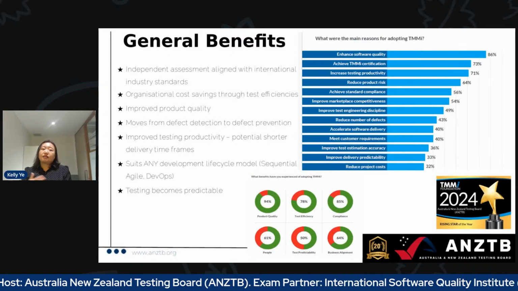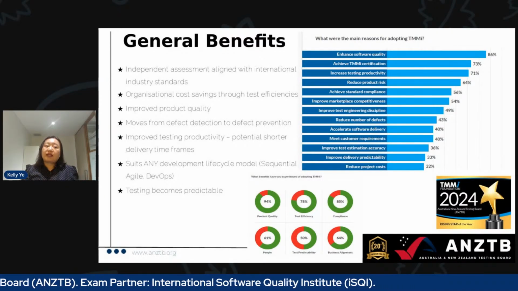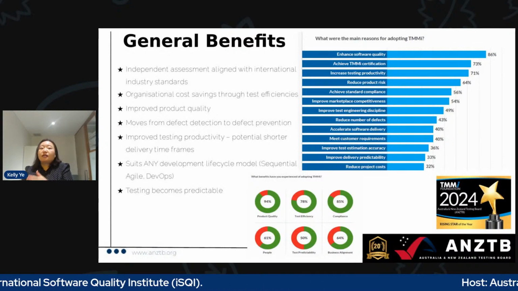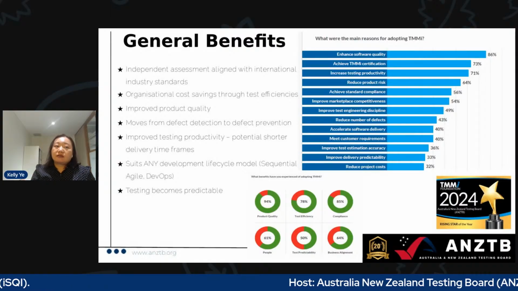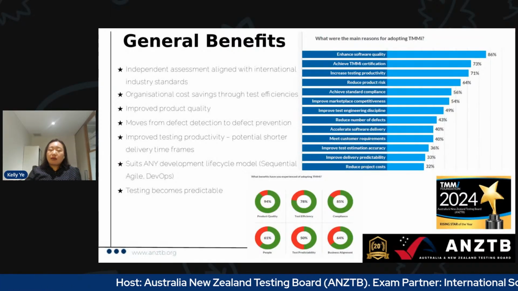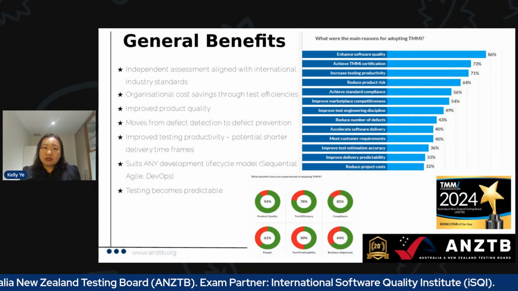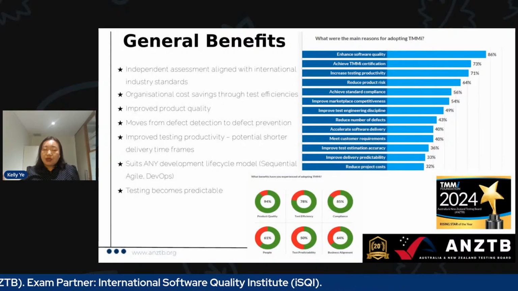So that's why their testing predictability is increased, moving from defect detection to defect prevention. So with TMMi, testing becomes predictable and teams can better estimate their timeline and effort, allocate the right resources, save cost, and reduce the risk in the operation environment.